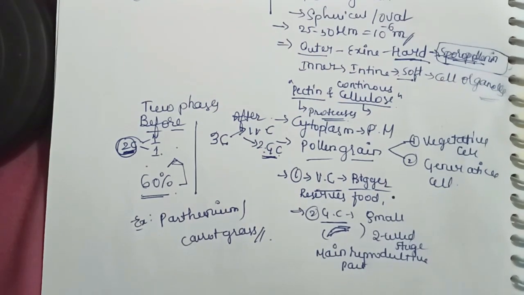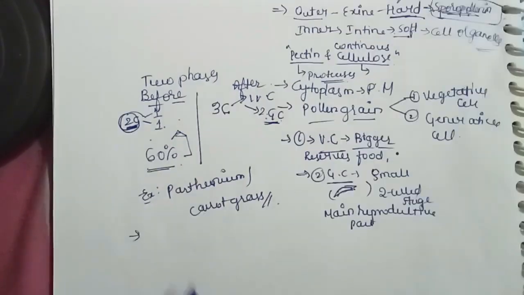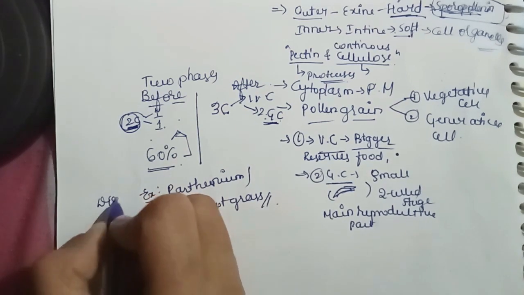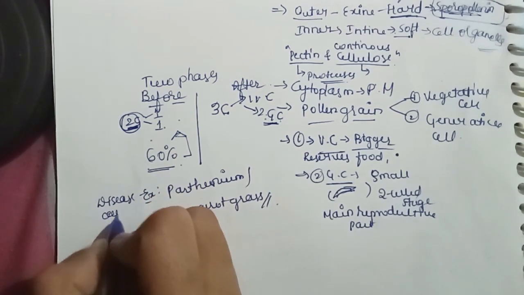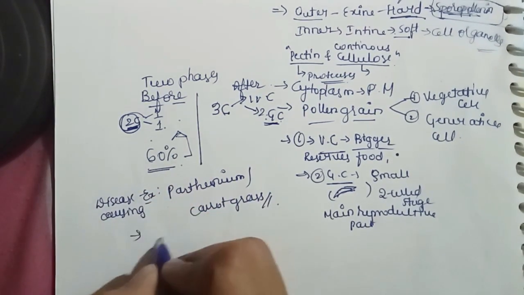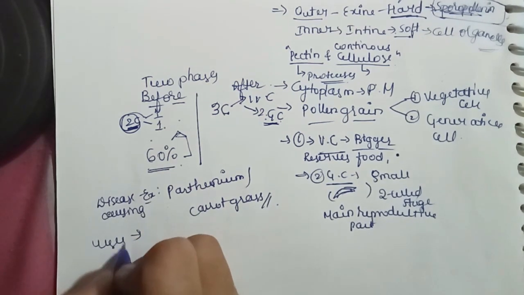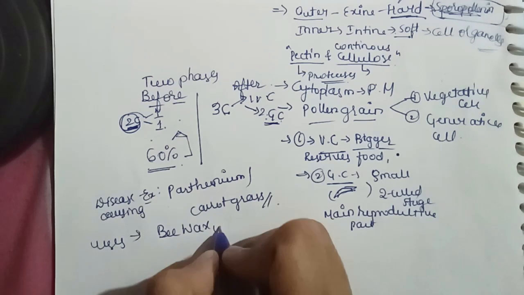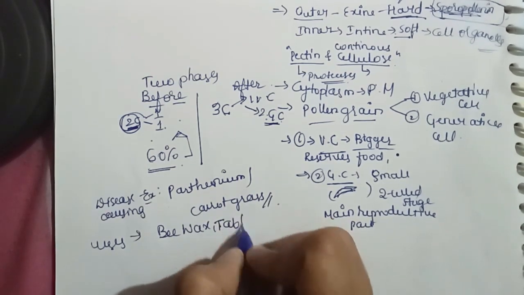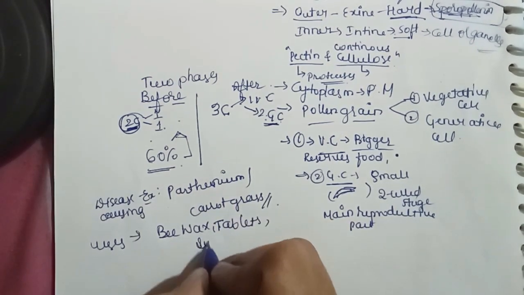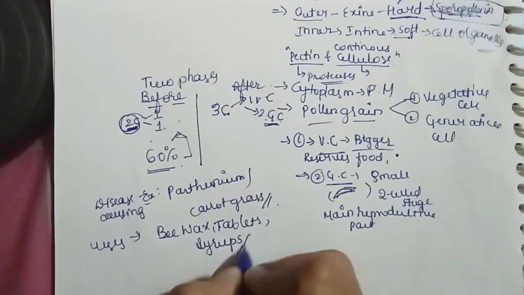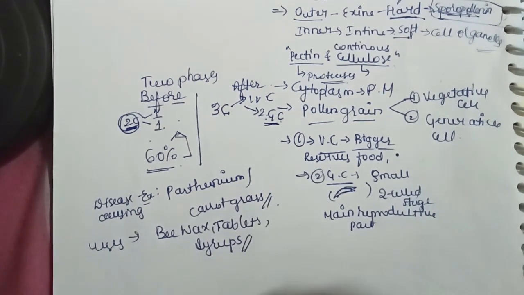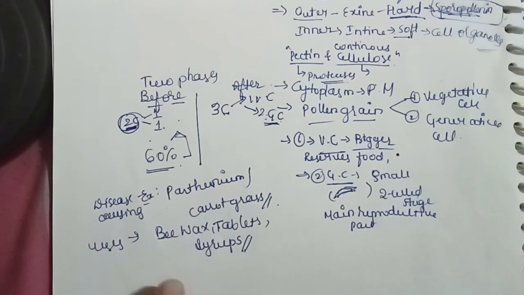So these are disease causing, but there are also some uses of it. It is also used in beeswax formation, and in some tablets and syrups which help maintain the body or build muscles. For this, pollen grain extract is useful.